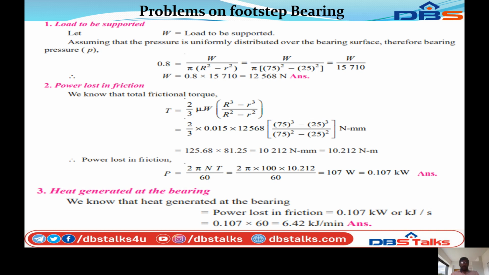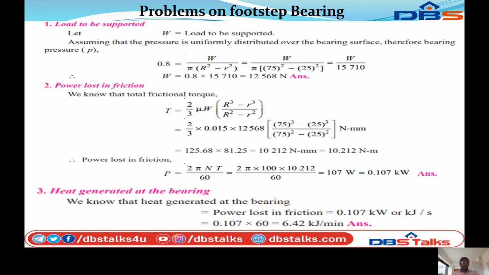So next we calculate the power lost in friction. We know that the total frictional torque T is equal to 2 by 3 into mu into W into (R cube minus r cube) by (R square minus r square). Substituting the values, that equals 2 by 3 into 0.015 into 12,568 into (75 cube minus 25 cube) by (75 square minus 25 square) in Newton mm.